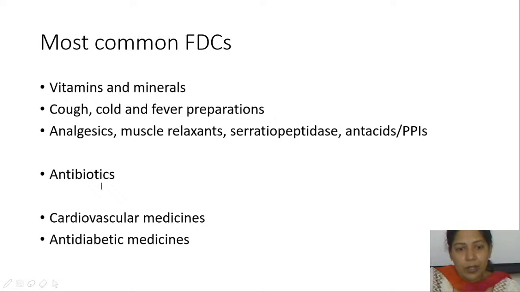Then antibiotics, I've already mentioned, there are several combinations of antibiotics. This again would be covered in rational use of antimicrobials, which is again a separate topic, because antimicrobials are very rampantly combined even if they don't have overlapping spectrum of activity.